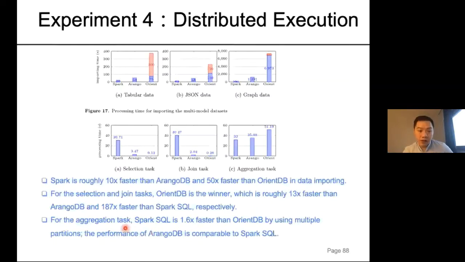And for the aggregation task, SparkSQL is 1.6 times faster than OrientDB by using multiple RDD partitions.